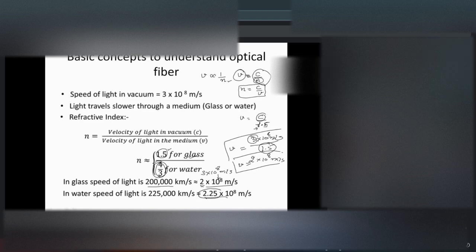And when it goes to this medium having a refractive index of 1.33, from this value it increases a bit, it becomes 2.25 into 10 raised to the power 8. So with a change in refractive index, there is a change in the speed of light through that medium.